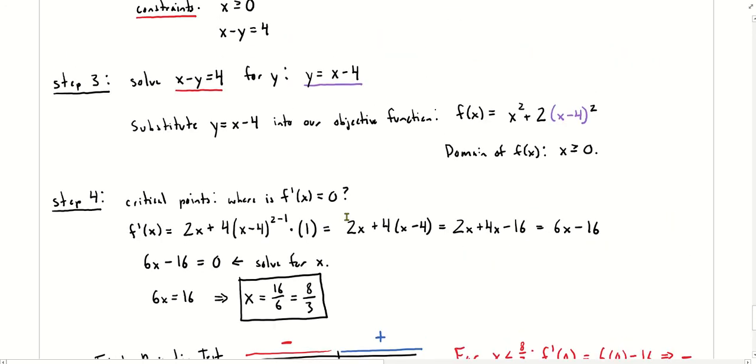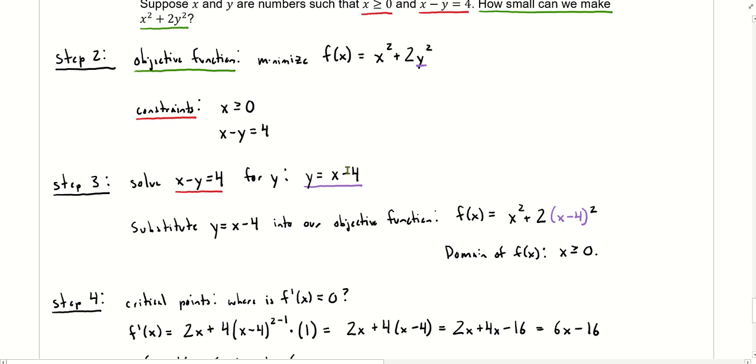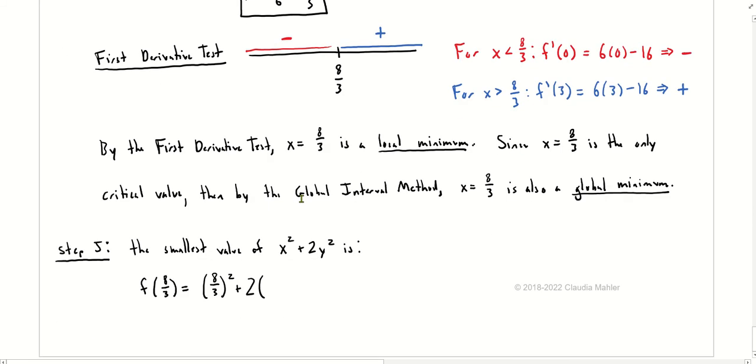Y we set up here was x minus 4. So that's going to be 8/3 minus 4 quantity squared. And if we calculate that out, we're going to get 96/9, which is 32/3.